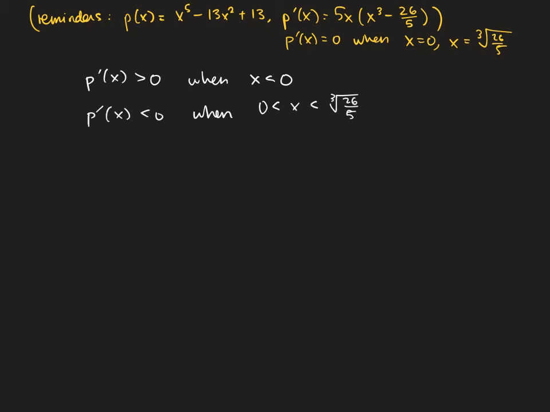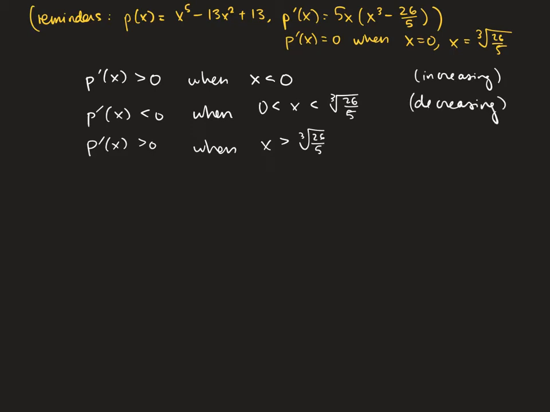When x is between 0 and the cube root of 26 fifths, only one of our factors is going to be negative, and that tells us that we have a decreasing function between 0 and the cube root of 26 fifths. And when x is greater than the cube root of 26 fifths, both of our factors will be positive, and that means that this is greater than 0. So p of x is increasing when x is greater than that, and when x is less than 0, it's increasing, as we said.